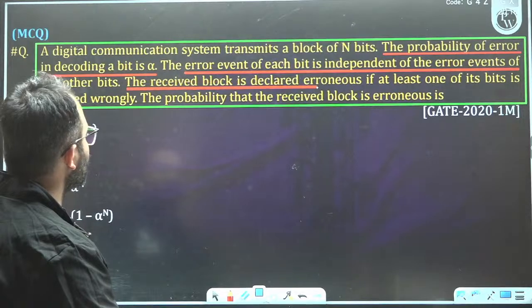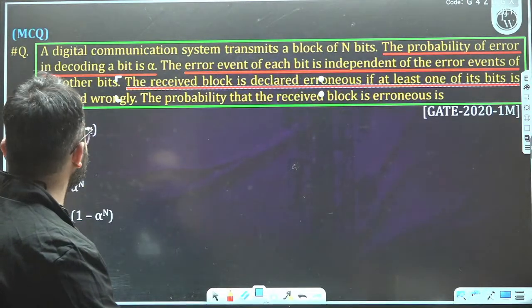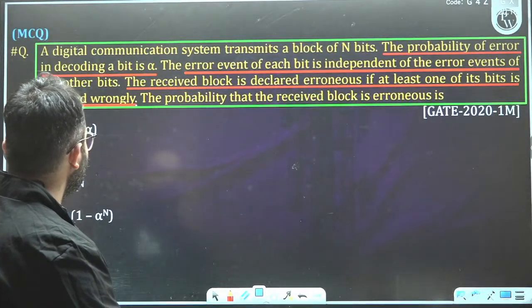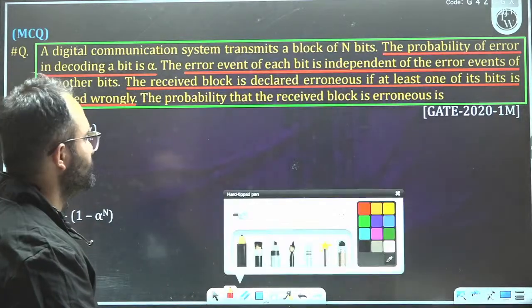The received block is declared erroneous if at least one of its bits is decoded wrongly. So if any bit is decoded wrongly, then the whole block is erroneous.